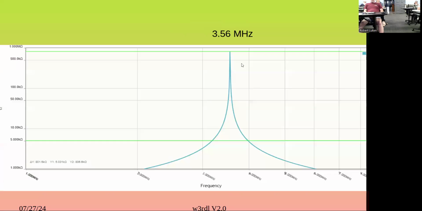And there's just a plot of that circuit we just did, and it's 3.56 megahertz according to the simulator.